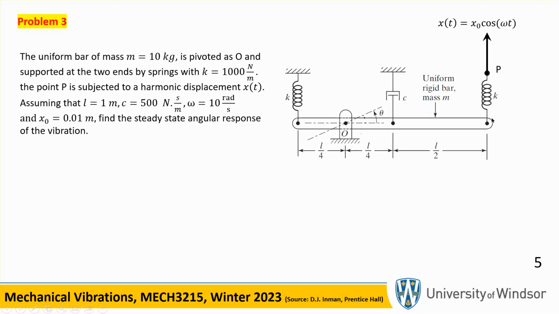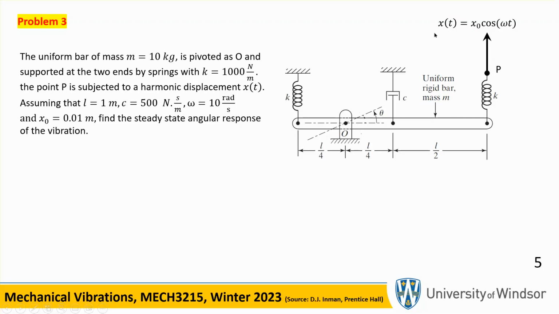The mass of the bar is given, it's 10 kilograms, pivoted at O, and at the 2 ends we have springs. We have a spring here and a spring here. This spring connects the point that you see there to the ground. Think about a ceiling, ground, whatever. And this spring is between that point and the point where x of t, a harmonic displacement, is being applied.